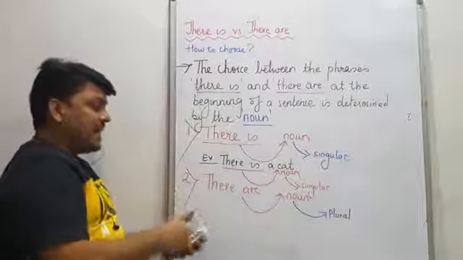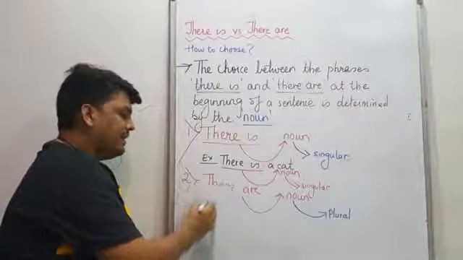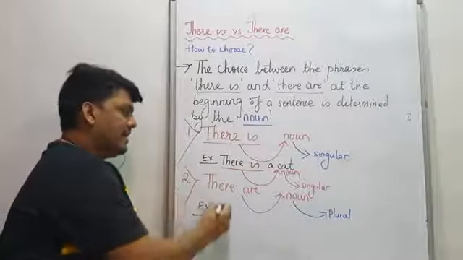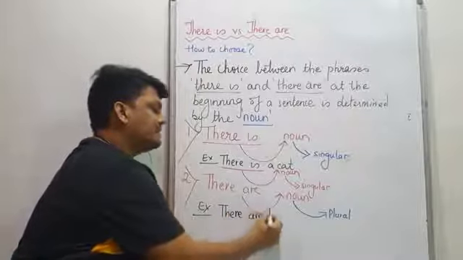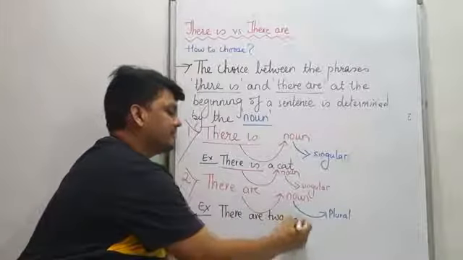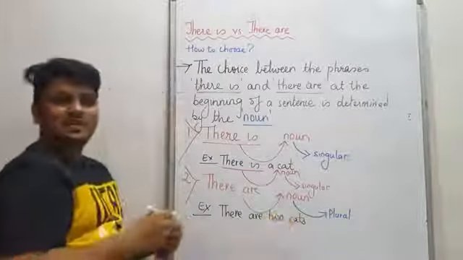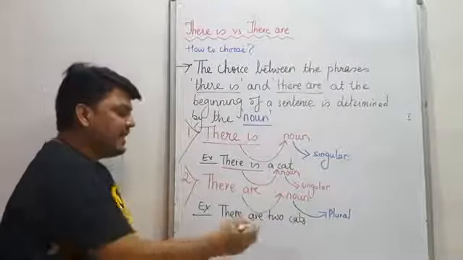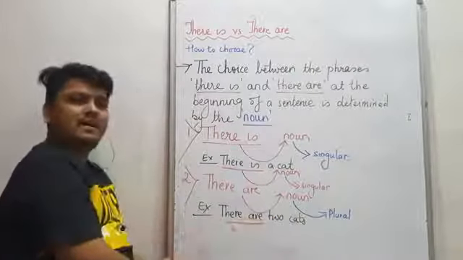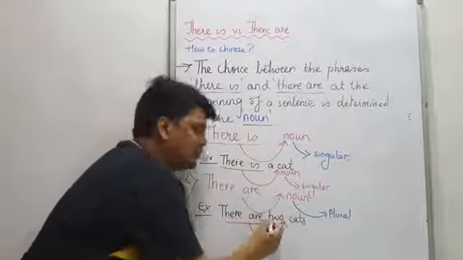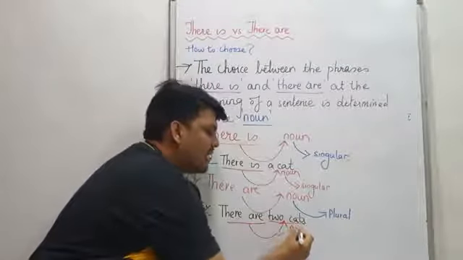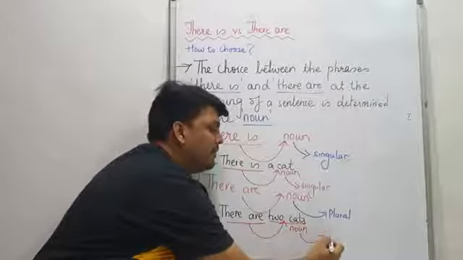When I am using there are, see the example here: there are 2 cats. You have seen that I have started with the phrase there are followed by the noun 2 cats. So 2 cats is a noun, but this noun is in plural.